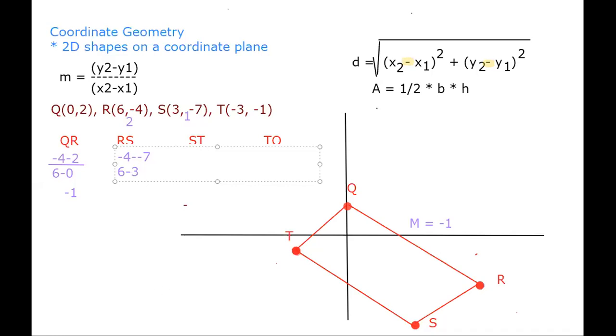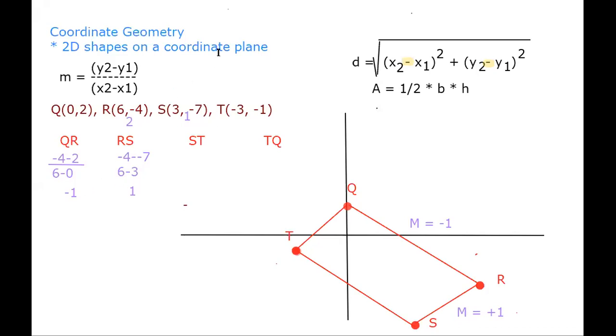That is -4 minus -7 over 6 minus 3. That, when you put it in your calculator, is going to give you a +1. So RS, the slope is +1. Well, if we compare the slopes of QR and RS, are they opposite reciprocals?